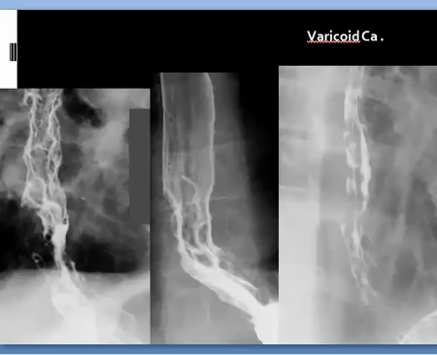This is a varicoid type of carcinoma. It gives rise to an appearance similar to varicose veins, esophageal varicosities.